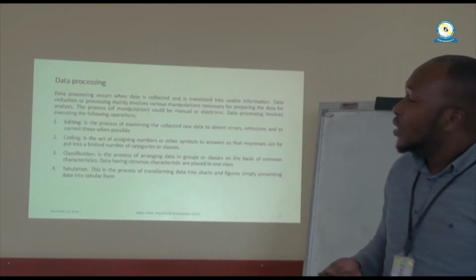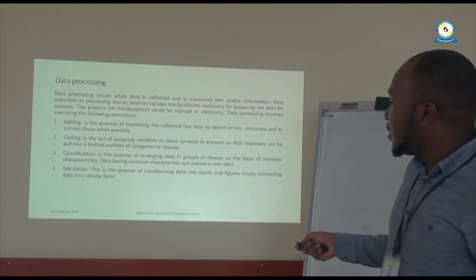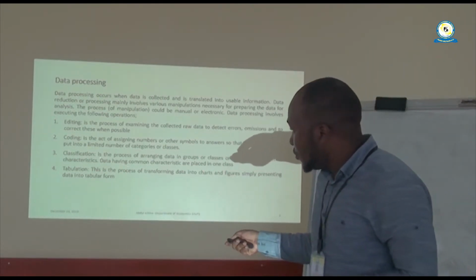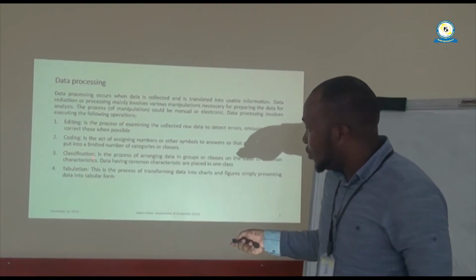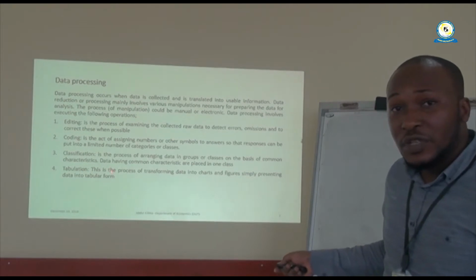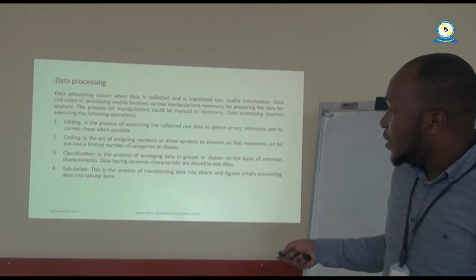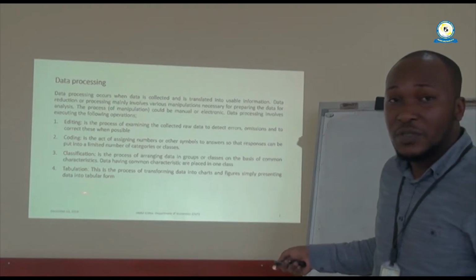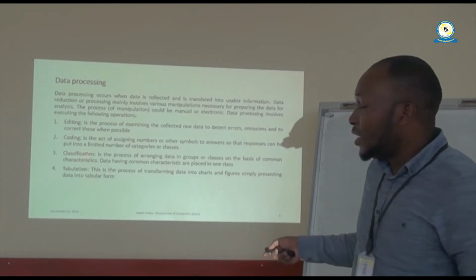And then what follows is classification. After you've coded, you arrange it according to the classification that I have given you, such as undergraduate. If someone has 13 years of studies, it means that person has gone up to undergraduate level.